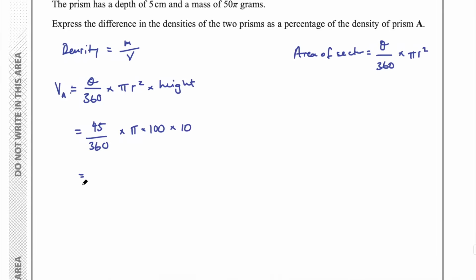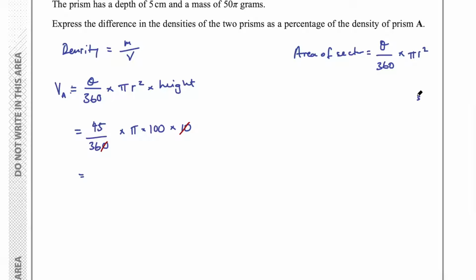Okay, let's see if we can do some cancelling here. The first thing I might do is to cancel this 10 with a 10 from the denominator here. So then I've got 45 over 36, and they're both multiples of 9, so this would be 5 over 4 if I divide by 9, or cancel a 9 in the numerator and denominator. And then I have 5 on 4 multiplied by 100.